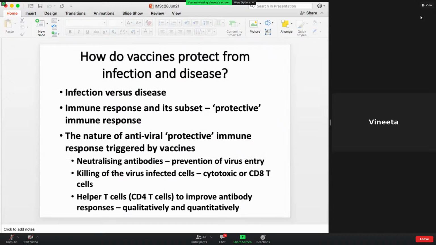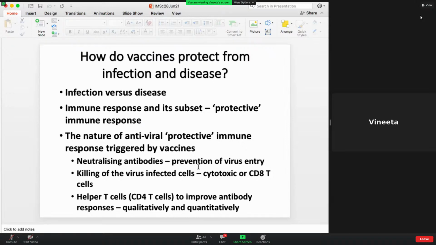And this is the continuation of the earlier slide. It shows the nature of the antiviral protective immune response, which can be triggered, of course, by infection and should be triggered by vaccines. It consists of neutralizing antibodies as the first point.